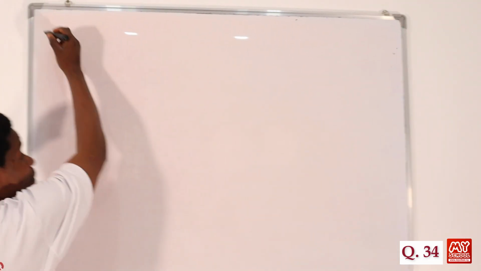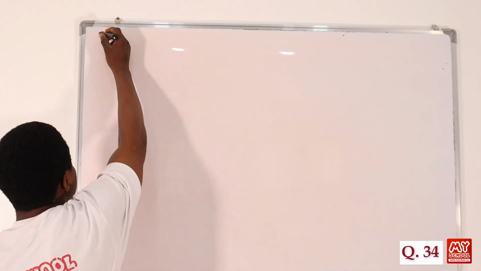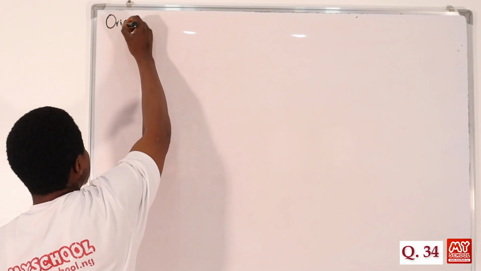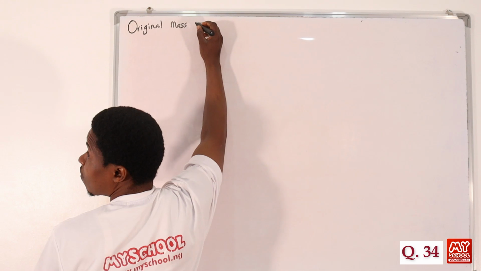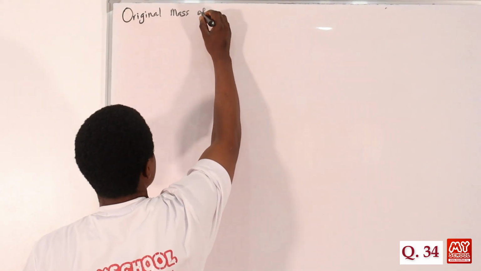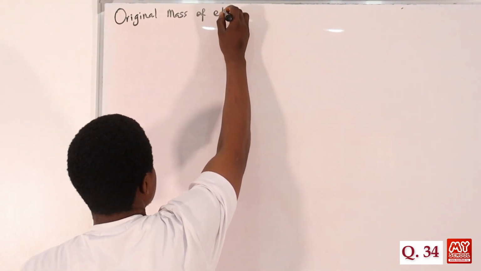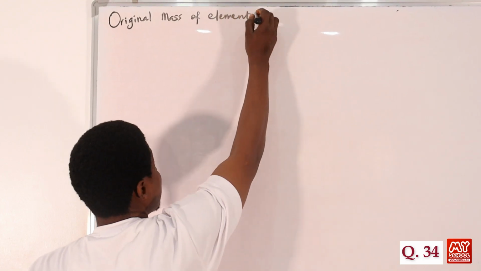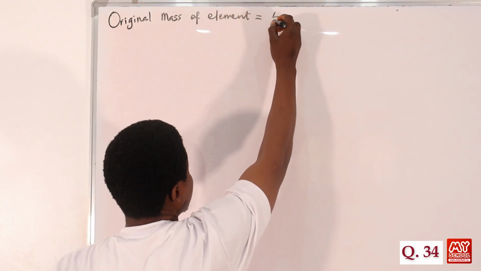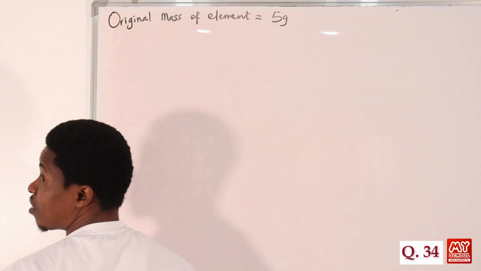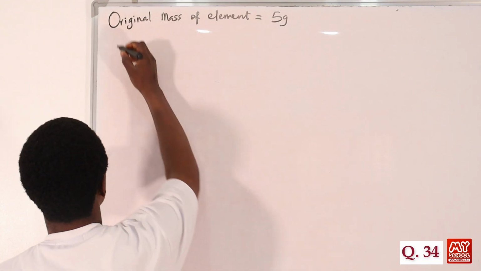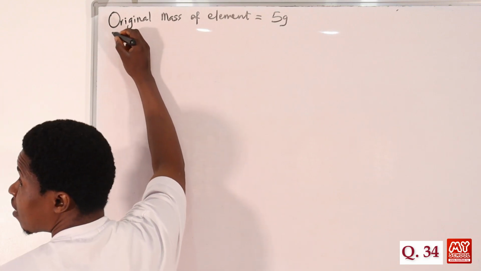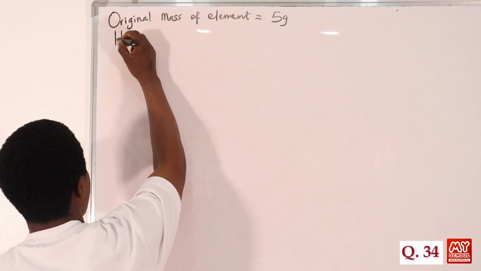We're given 5 grams, which means the original mass of the element is equal to 5 grams. We're told the element's half-life is 50 days.